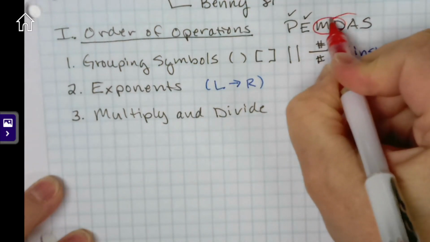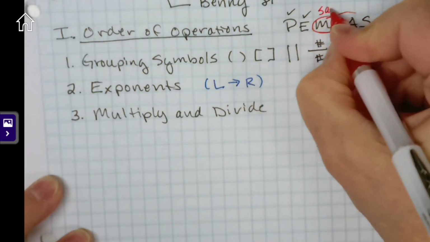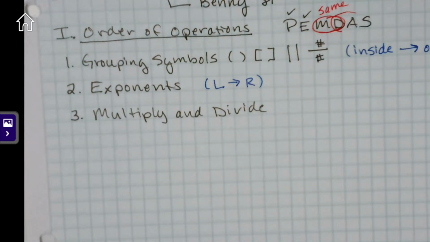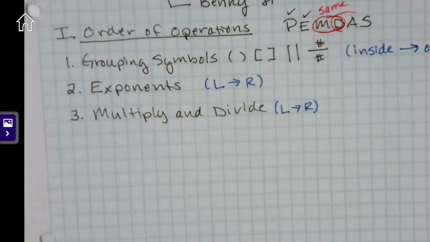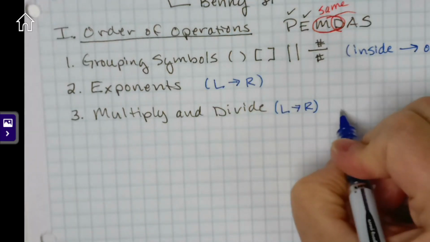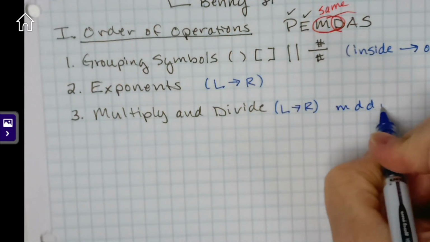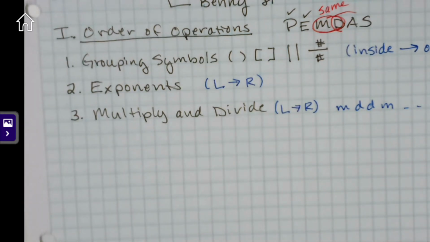The multiply and divide step, it's the same step. You go left to right, and you do whatever you hit first. So you might multiply, divide, divide, multiply. It just depends on whatever you hit first. So multiply and divide are on the same step.